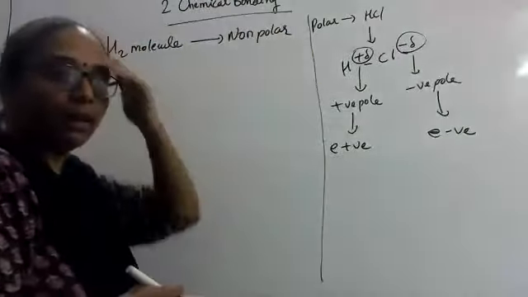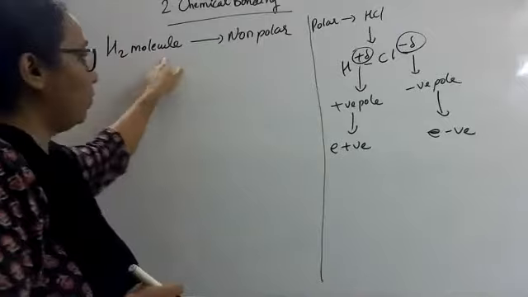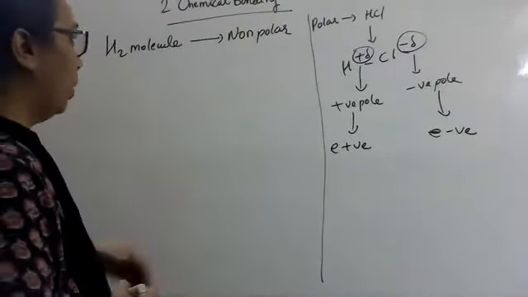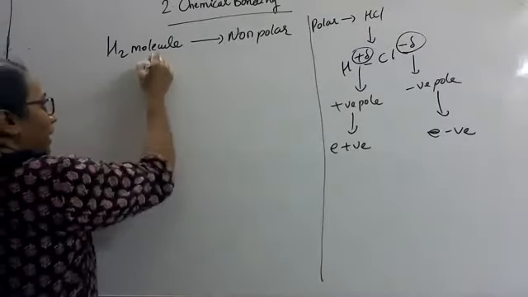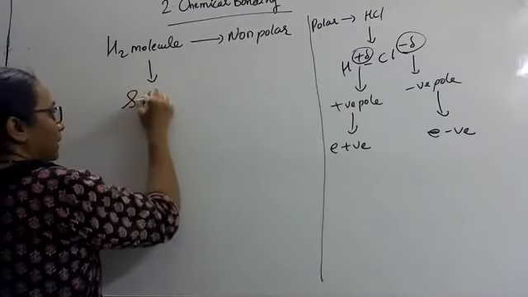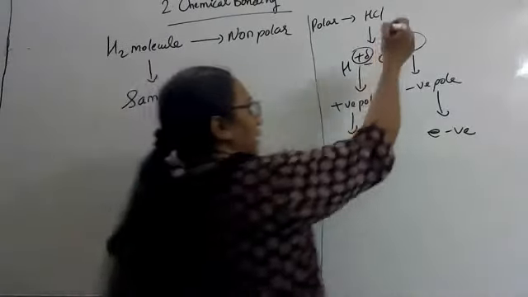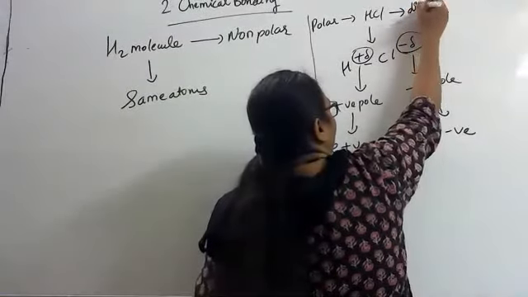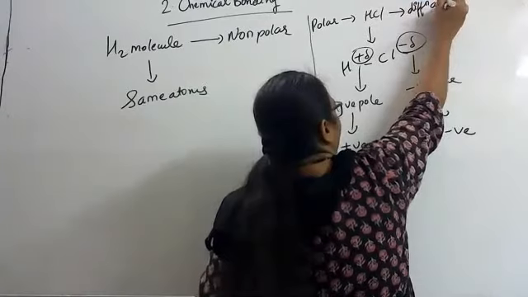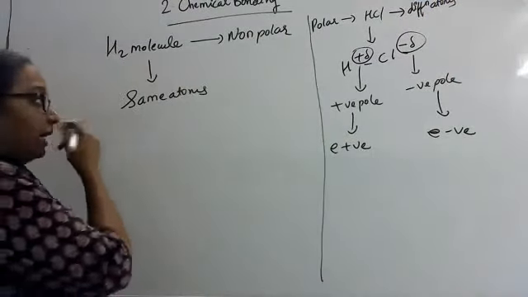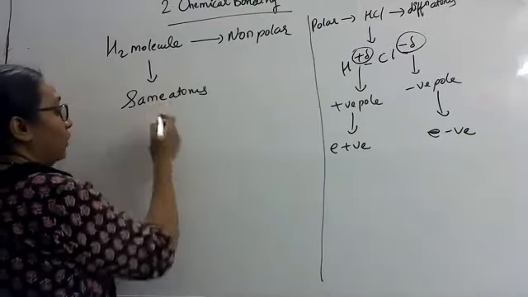Now, coming back to our question, the hydrogen molecule is non-polar. It is the opposite of polar. Non-polar means here in hydrogen there are the same atoms. In polar, these are different atoms, one hydrogen and one chlorine. So different atoms in case of HCl, same atoms in case of hydrogen.